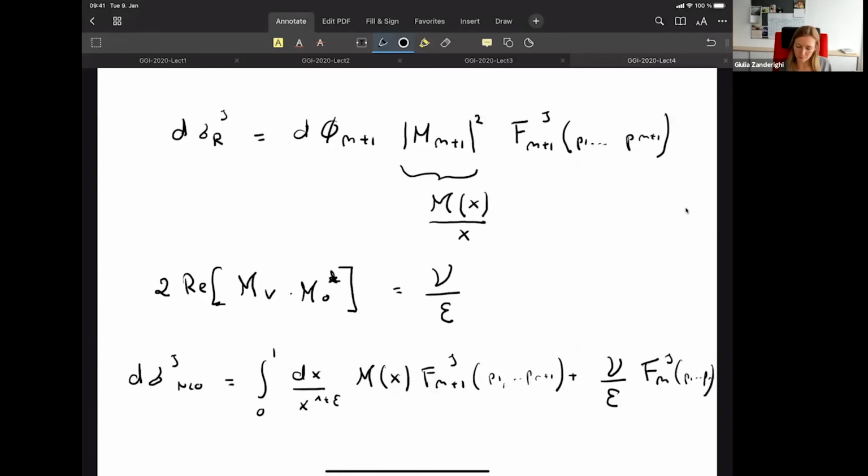Okay. And now we use two properties. One is infrared safety of your measurement. So the measurement here is this jet function.